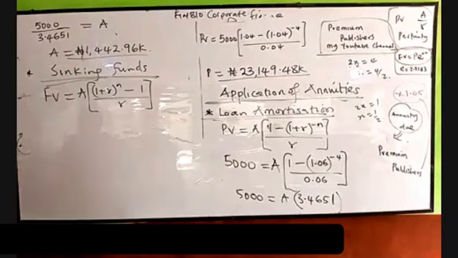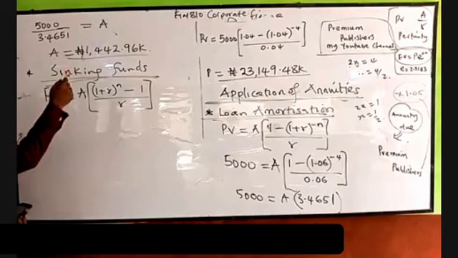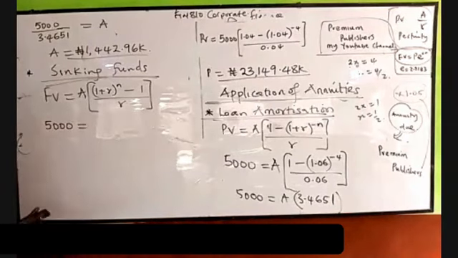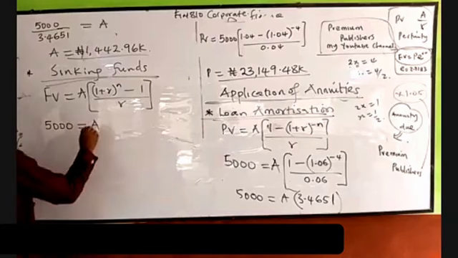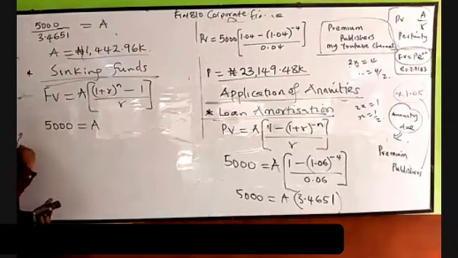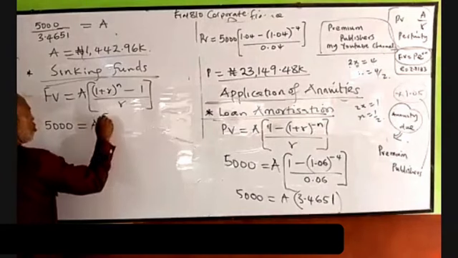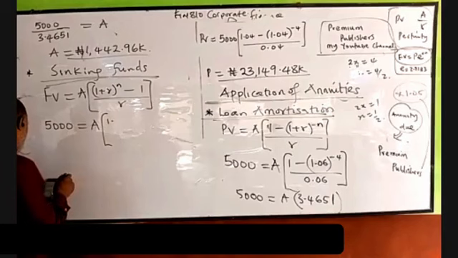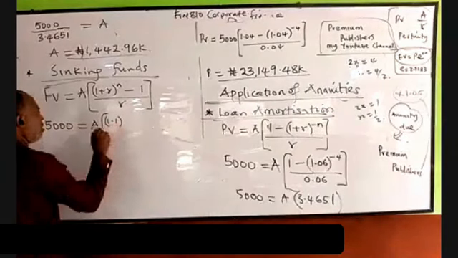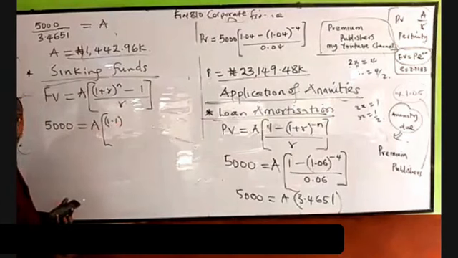So without wasting much of our time, the future value is given. This is the future, $5,000. We're looking for how much we are going to be keeping every year to achieve this 5,000. The interest is 10%, that is 0.1.